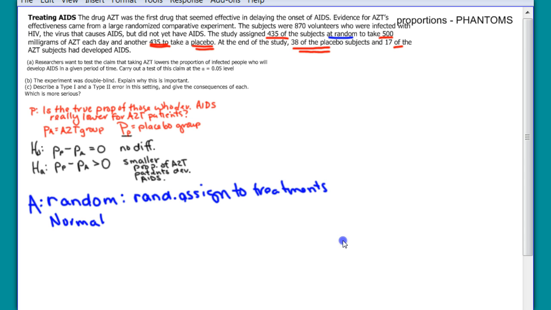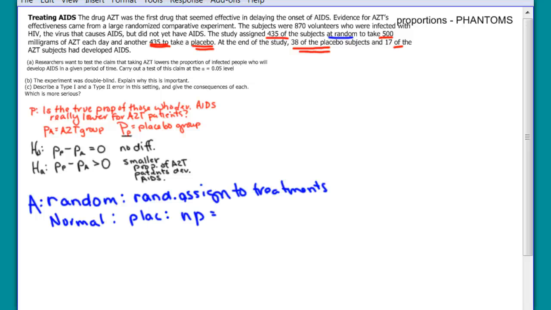Then we've got to check our normal condition. If we're checking our normal condition, we're checking for the placebo group, np, which would be, so np will be for our placebo group. Actually, that's the number of successes.